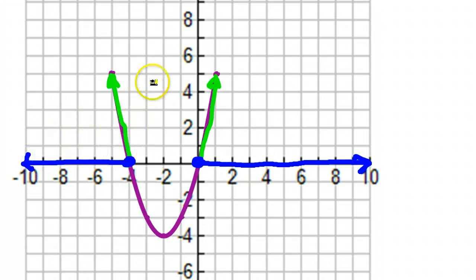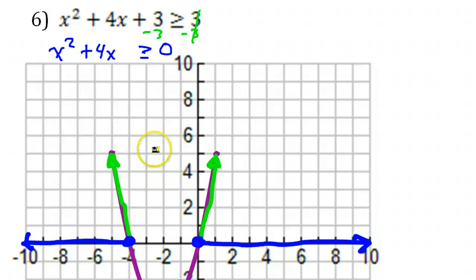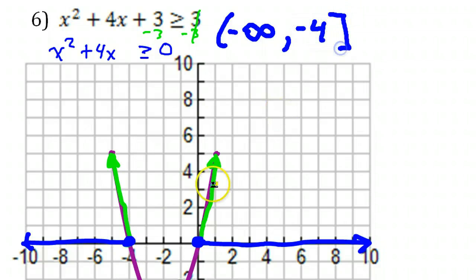So when I write my answer in interval notation, it's going to take two separate parts to the interval. The left part goes from negative infinity to negative 4. And we'll use a square bracket to show that we're including the equals 0 part at negative 4.